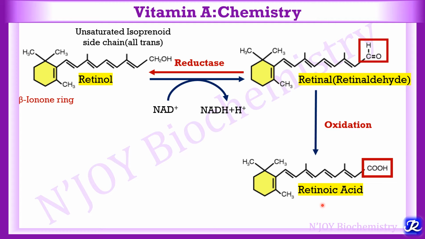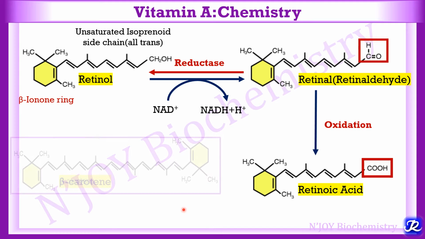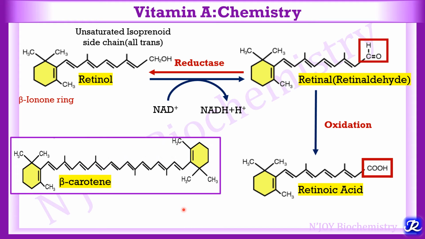But this retinoic acid cannot be converted back to retinal or retinol. Now beta carotene has 2 beta ionone rings joined by polyisoprenoid units, and in the intestine this beta carotene is cleaved to give 2 molecules of retinol.